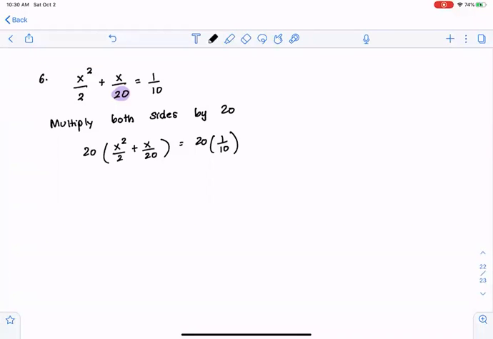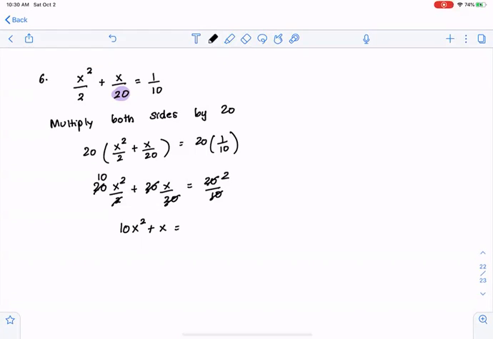20 times x squared over 2 plus x over 20. Distribute the 20. You have 20 times x squared over 2 plus 20 times x over 20. 2 and 20 would get cancelled, 20 and 20 would get cancelled, which would give us 10x squared plus x equals 2.